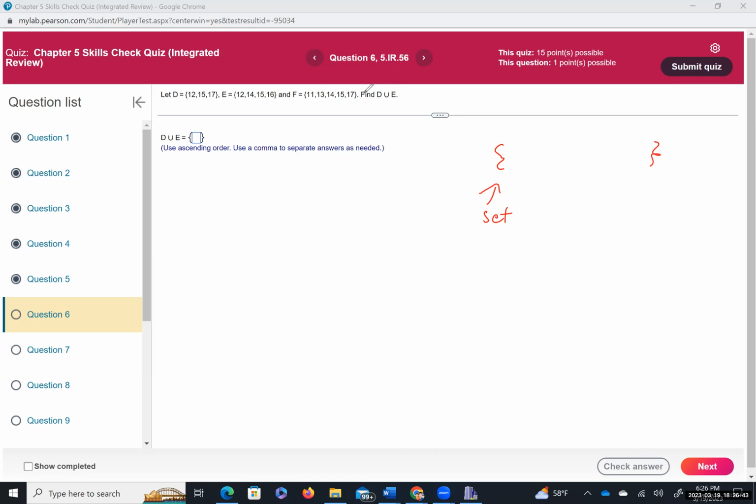So in here we have set D, set E, set F. However, they ask us about just the union with E. This notation is union. Union means all the elements in set D combined with all the elements in set E. You combine everything, okay?